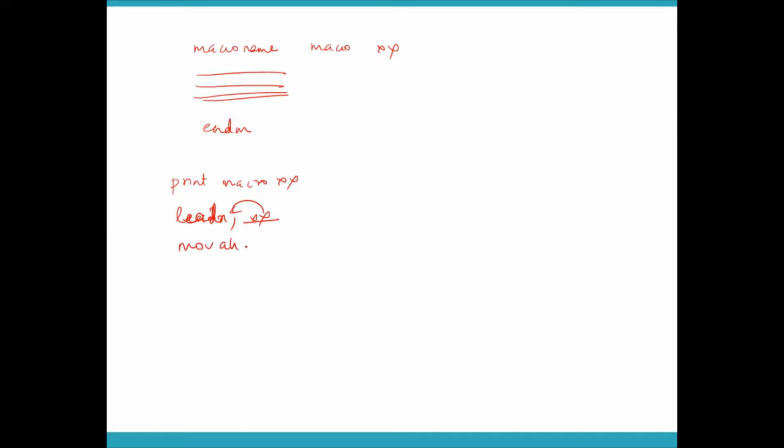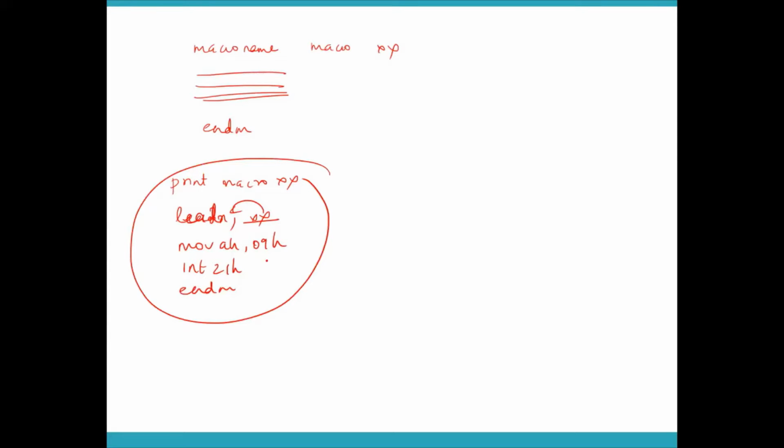And then I can write MOV AH, 09H, INT 21H, endm. So this is my macro for printing. Wherever I want to print something, I'll just call this macro print. If I want to print message M1, I'll simply call it with M1. So macros and procedures are used for repeating a set of statements.